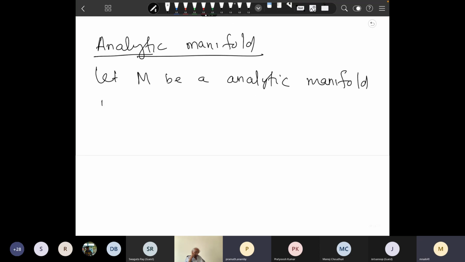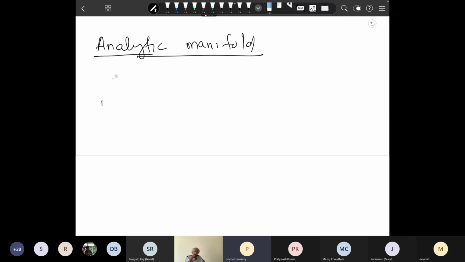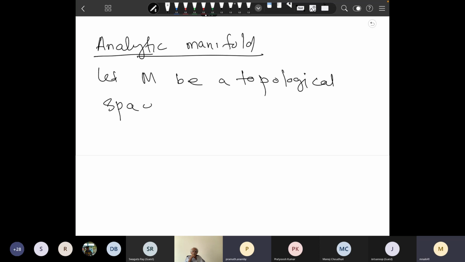So let us give the full definition. Let M be a topological space.